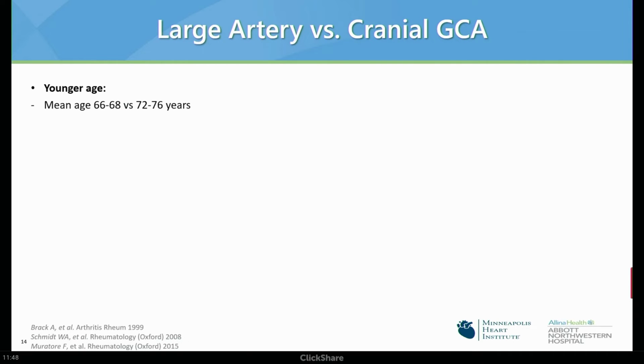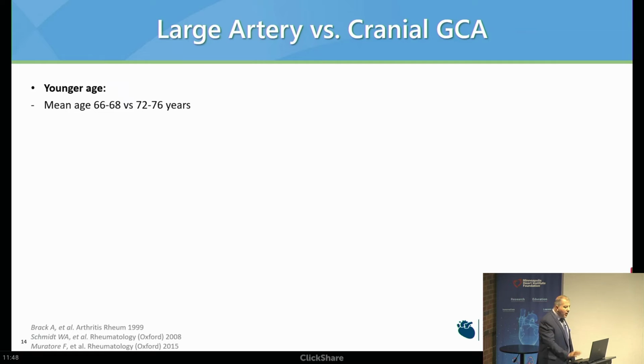So we talked about the 2 types, large vessel versus cranial. Patients with giant cell arteritis mostly affecting the large vessels, versus just the temporal artery, are usually younger in age, and there is a delay in diagnosis.